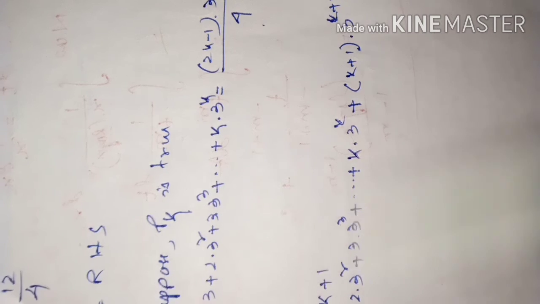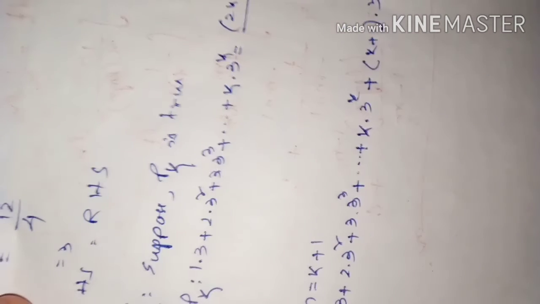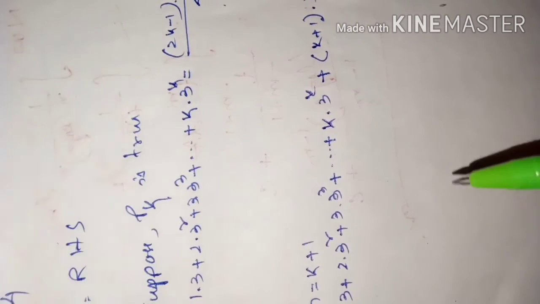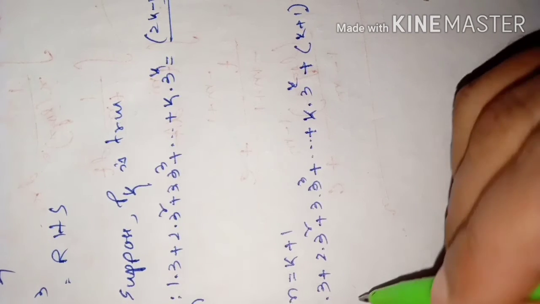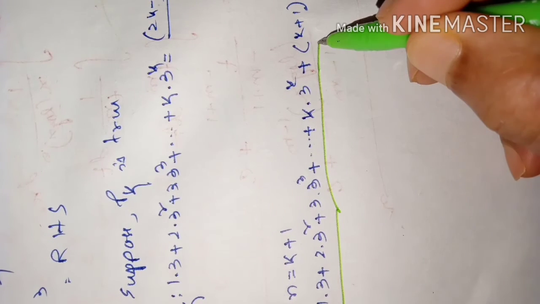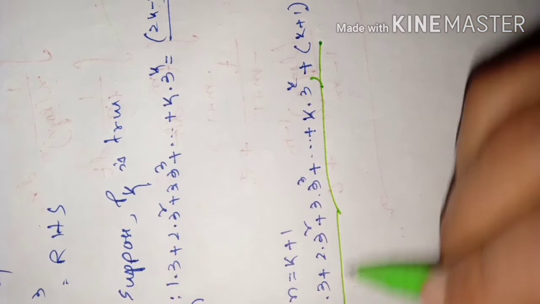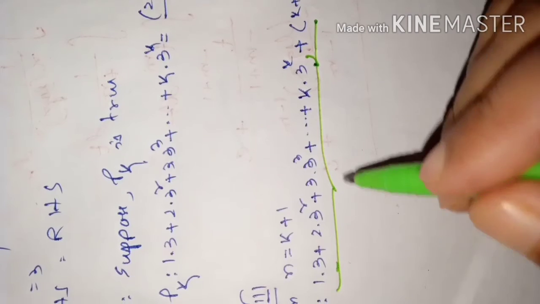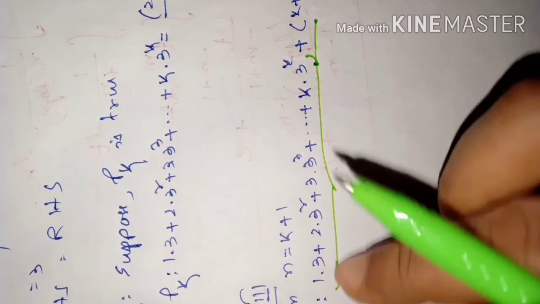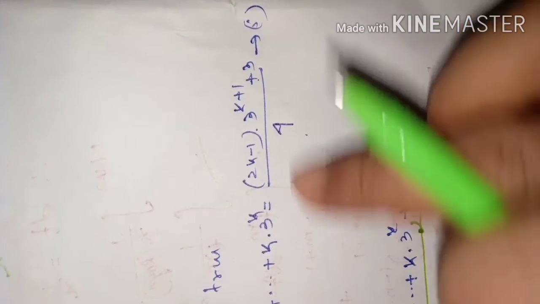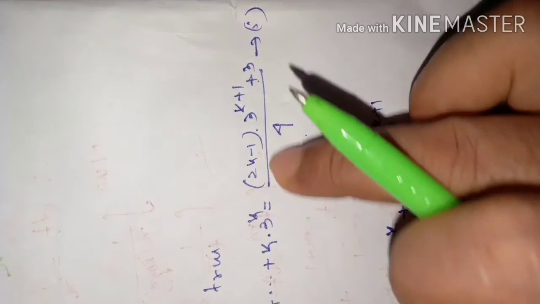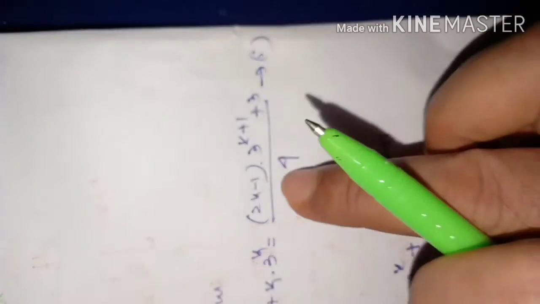Let us get that expression from this. Now we will simplify this whole thing. Up to here we know, from here to here, this is statement 1, because after adding all the terms up to k into 3 to the power of k you will get this one.